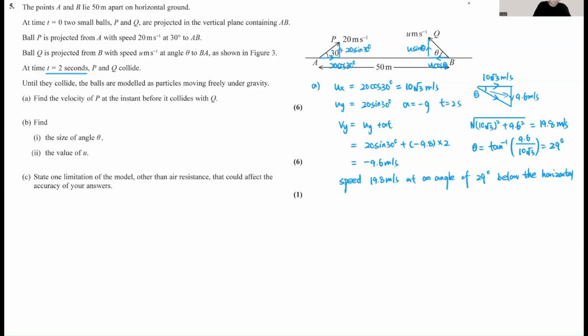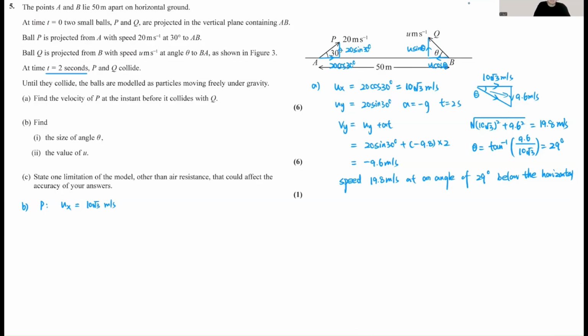Okay, and then part B. So part B, they want us to work out the size of angle theta and then the value of u. So now we need to use both particles P and Q. So let's have a look at what information we know. For particle P, we know ux is equal to 20 cos 30, which you already know is 10 root 3.